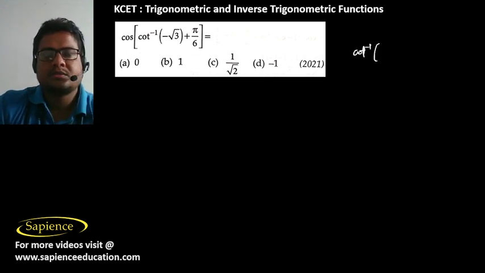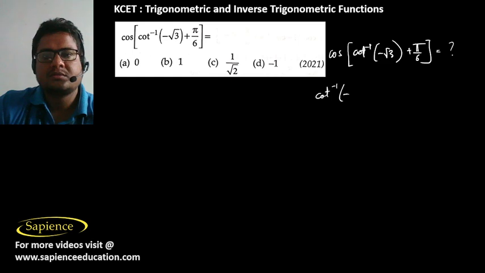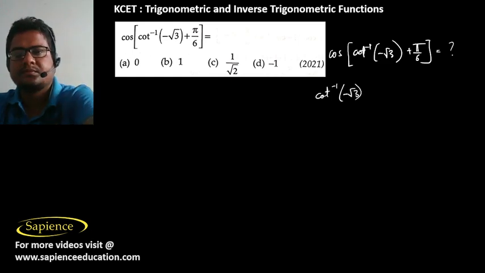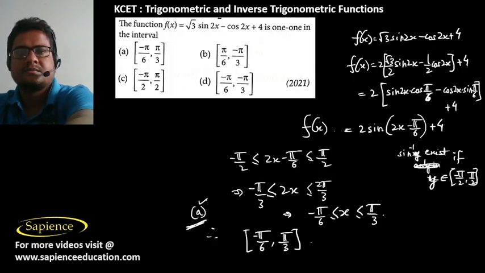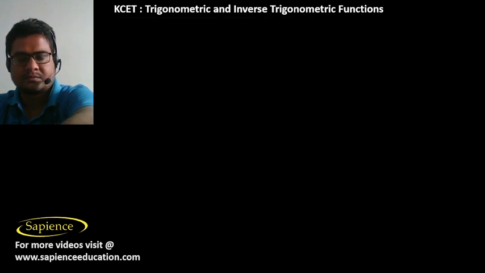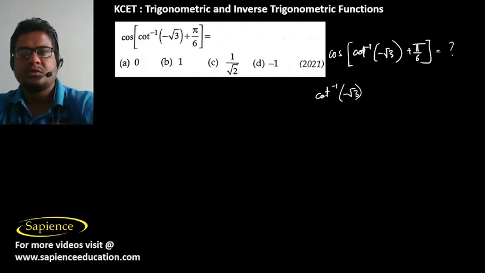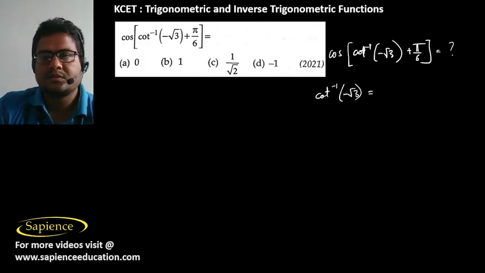Cos of cot inverse minus root 3 plus pi by 6, that is equal to how much, that we have to find. Now cot inverse minus root 3 is pi minus cot inverse root 3.